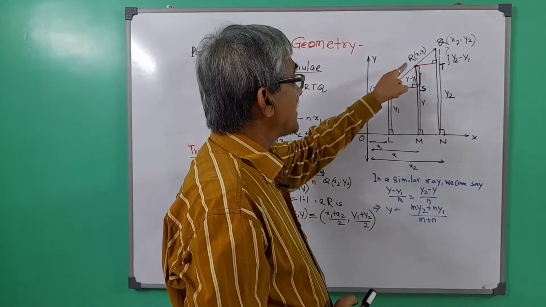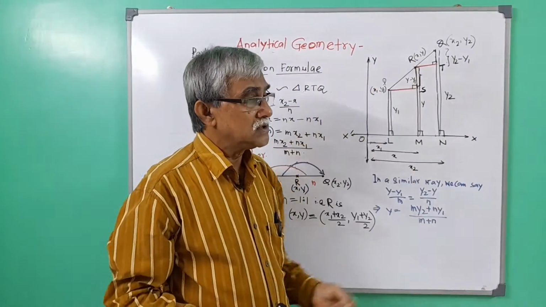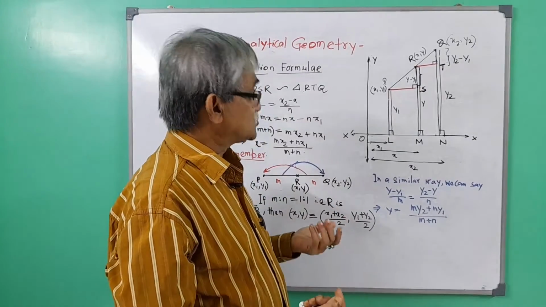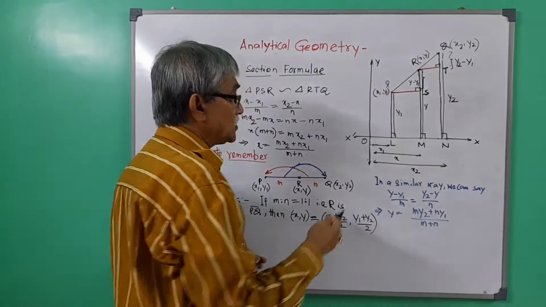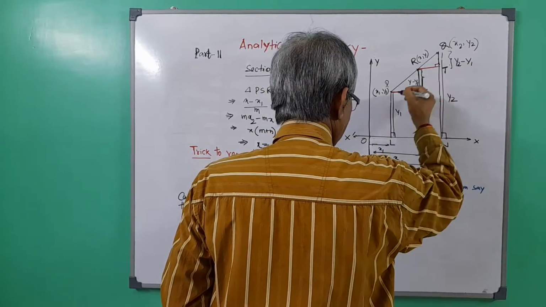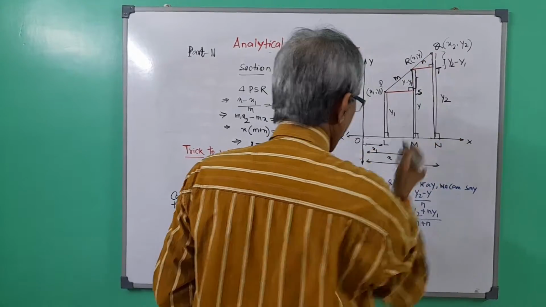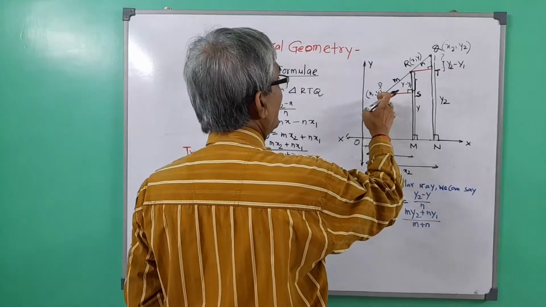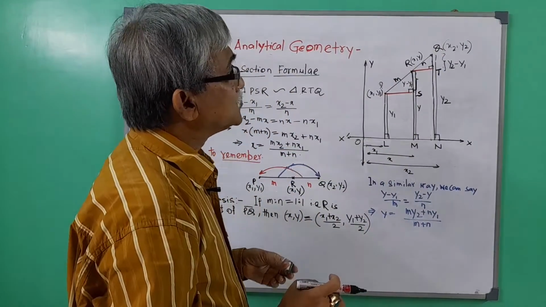Let us say that R is a point in between these 2 points P and Q, having coordinates x, y. It divides the length between the points P and Q in the ratio m and n. To be more precise, PR is to RQ as m is to n.